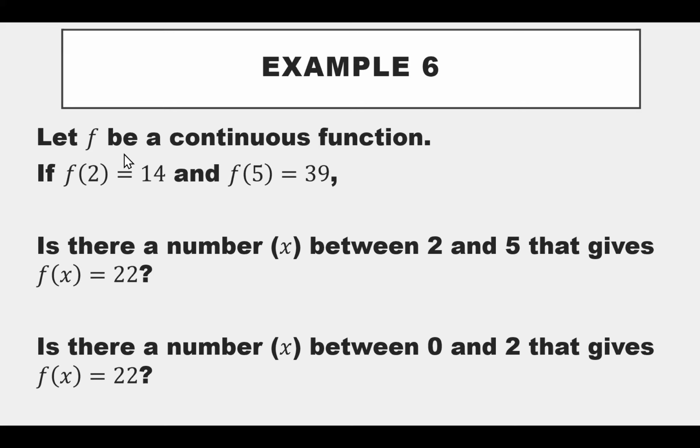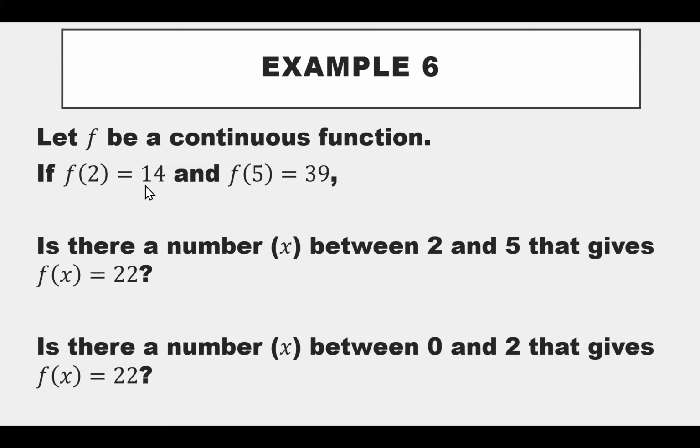So let's imagine we have a function that is continuous, and I know when I plug in a 2, I get a 14. When I plug in a 5, I get a 39. Is there a number somewhere between 2 and 5? Is there an x value somewhere between 2 and 5 that has to have the output value of 22?